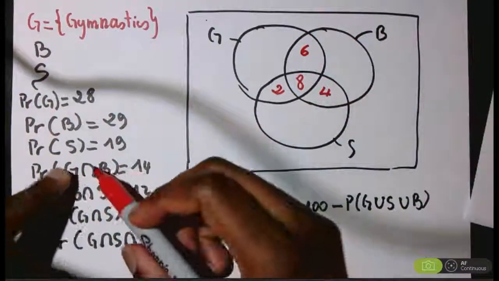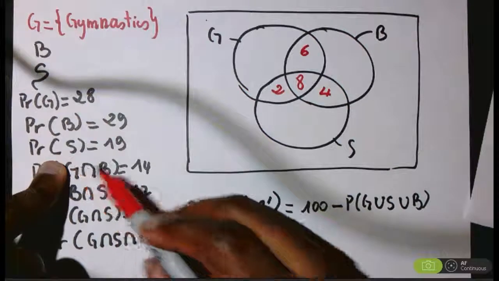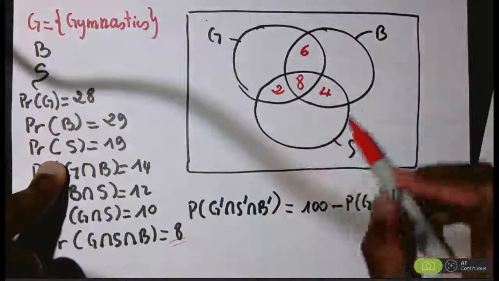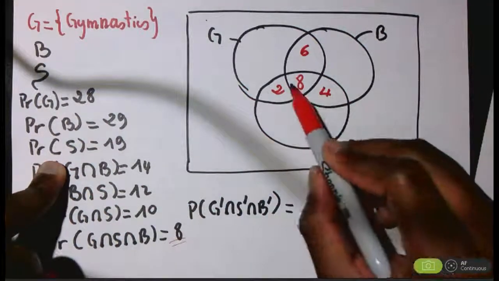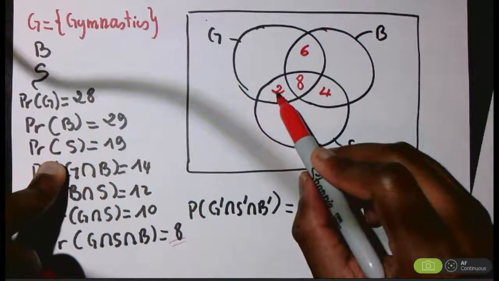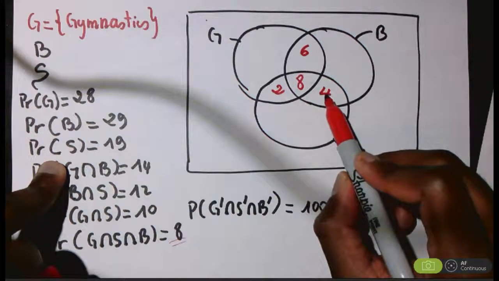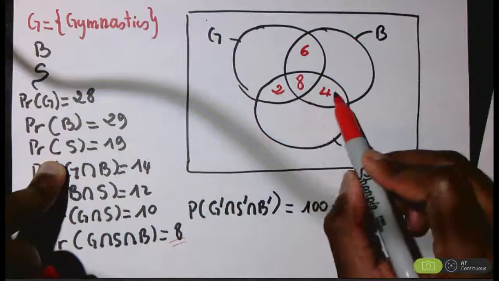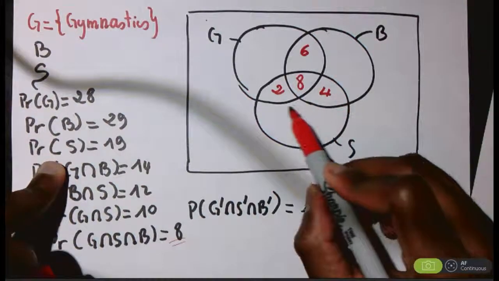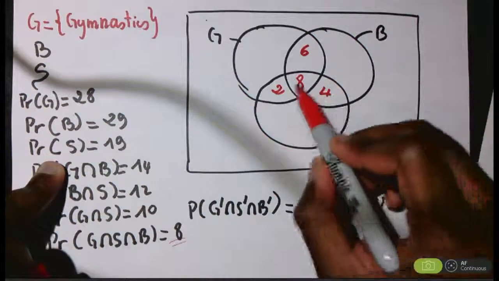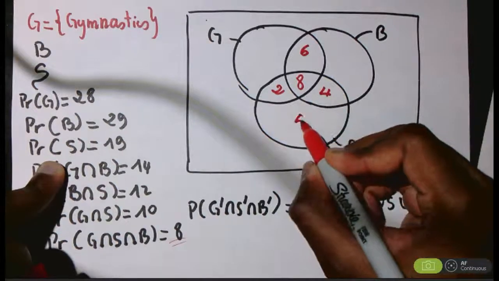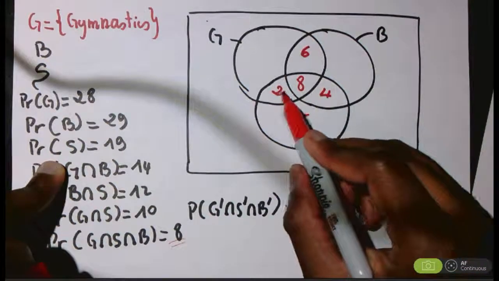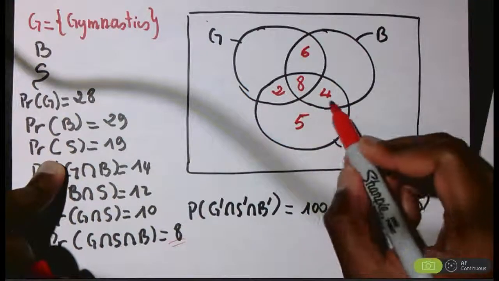Next is the probability of soccer, which is 19. We have 8 plus 2 plus 4, which is 14, so we need 5 more. So 8 plus 2 plus 4 plus 5 is equal to 19.